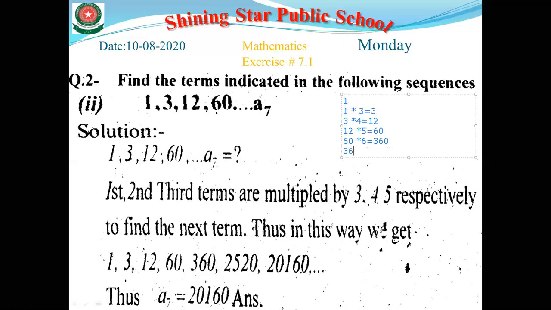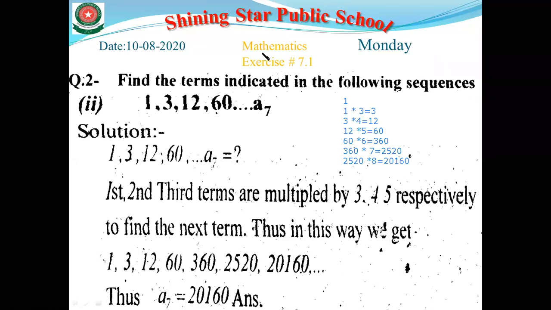Now 360 multiply with 7, so we get 2520. Now 2520 multiply 8 is equal to 20160. That is the 7th term.